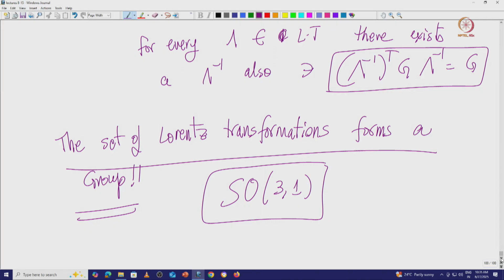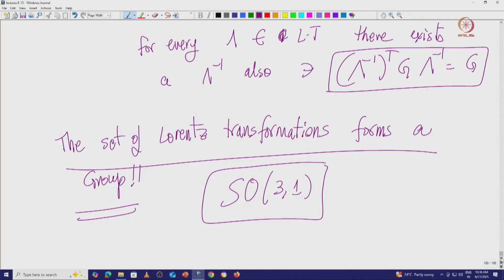That forms the question: what are the representations of the Lorentz group? But before doing that, we have to see what the generators of the Lorentz group are, and whether they form a closed, compact group or not. And then from there on, we can look at representations of the Lorentz group.